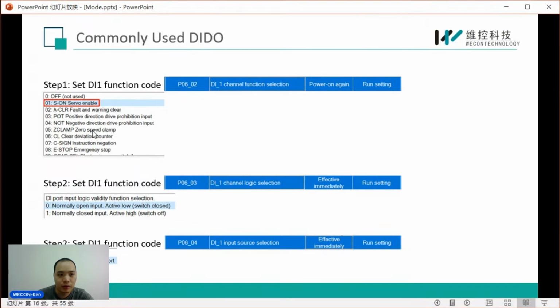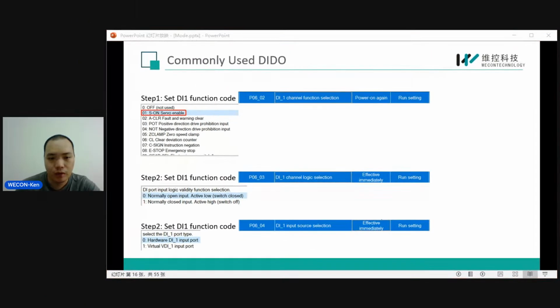The SC2 introduces this in detail, but I will introduce P6-04 in detail. The virtual input means you can use Modbus communication to change the DI signal. In group 13, let me show the SC2.